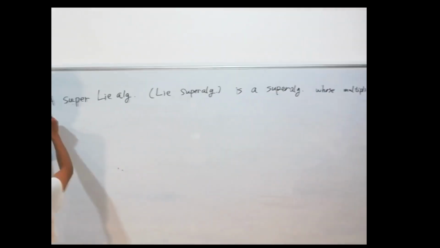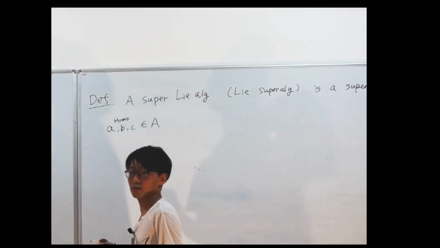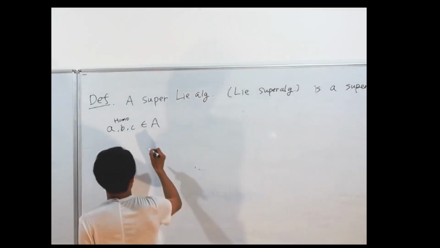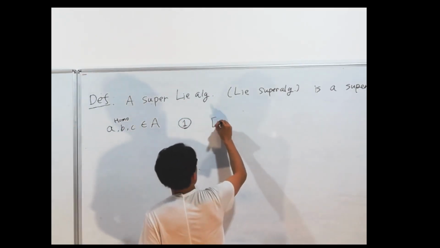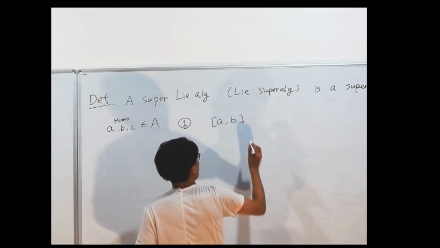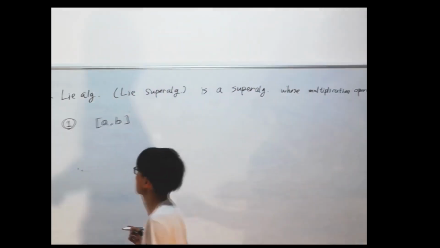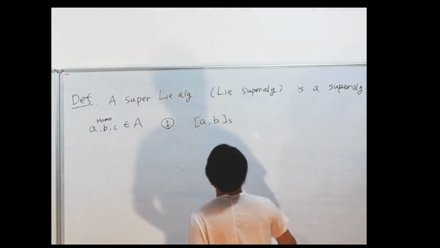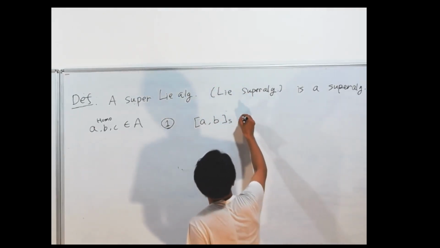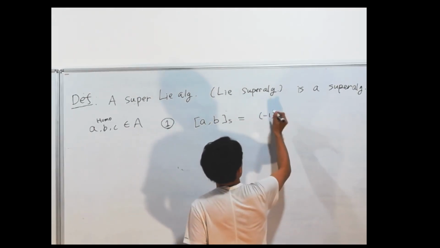I didn't forget: A, B, C, all homogeneous elements. So the first condition, A and B. Maybe to make it crystal clear, let's put sub S here. So it's a super Lie algebra operator, Lie bracket. So the super Lie bracket satisfies these conditions.